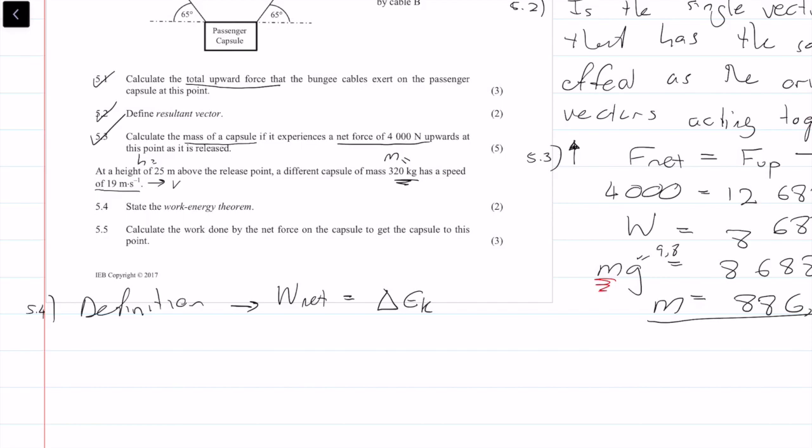And work net is F net times change in displacement, which is equal to change in EK. The most important part is these two, but it's important to know this too. And we get ourselves 4 marks for the definition.